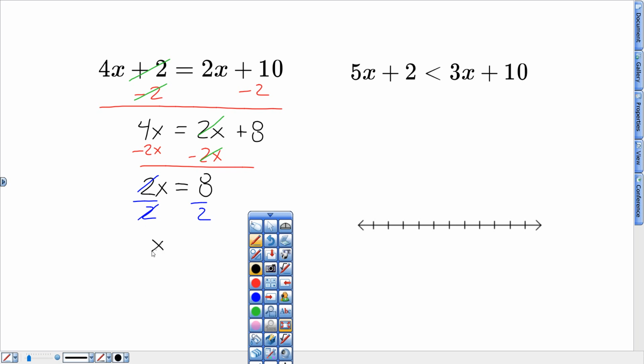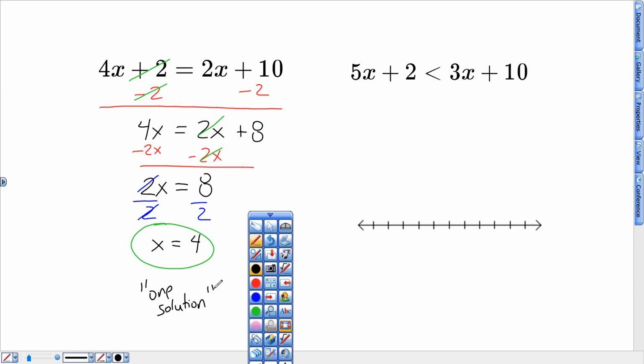Always start on the left side, go back to the right, and then end up on the left. First two steps involve adding, subtracting things away. Only that third step is something different, division. X equals 4. One solution. Write that down. What's the solution? 4. All right, next one.